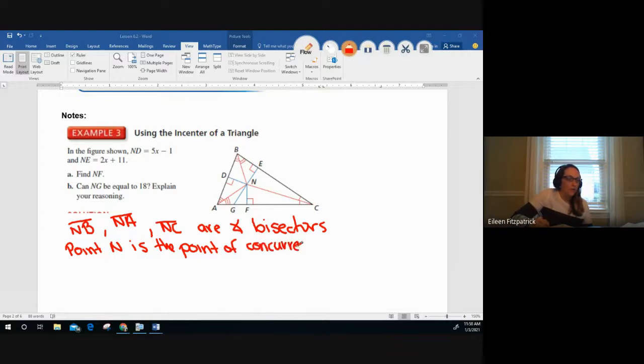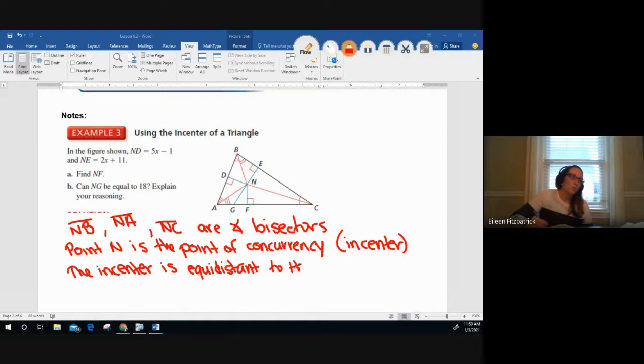And remember, the point of concurrency for angle bisectors is called the in-center. And we just learned above the in-center is equidistant to the sides of the triangle.